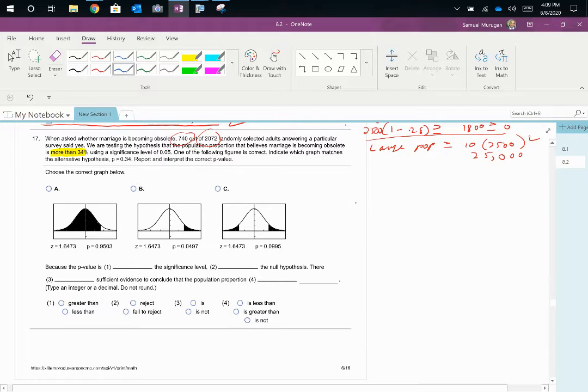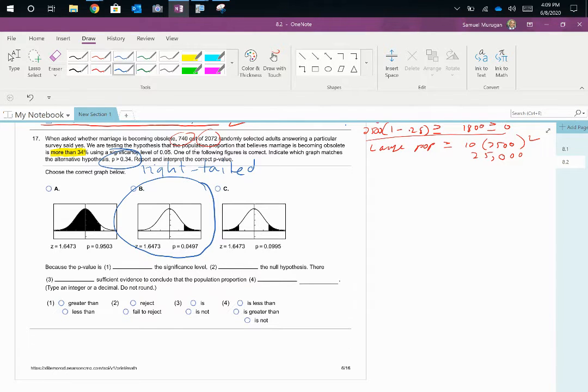More than, so P is greater than 0.34. Right-tailed. If we're picking out the picture, this is the only one that's right-tailed. The tail is on the right-hand side because it's greater than.